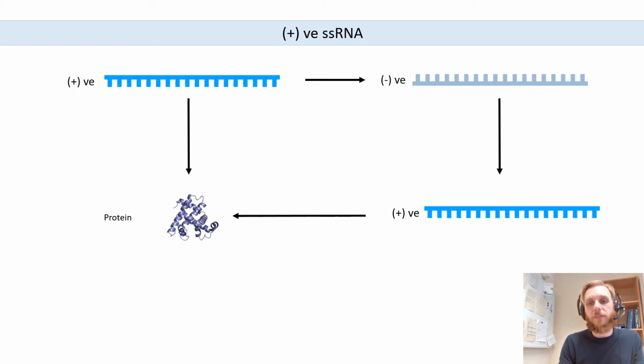Then all these negative strands can be used to produce many positive strands, and these positive strands can be translated into protein. In this way, a process that starts with a single copy of the viral genome can end with a large amount of protein being produced. So hopefully that makes sense.